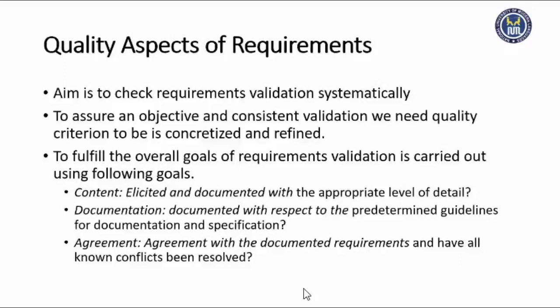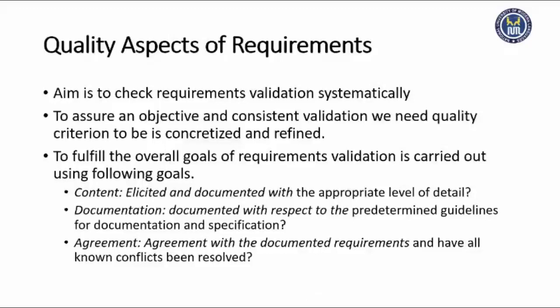Content: whatever we have elicited and documented has to be of an appropriate level of detail. When we talk about documentation, it must be documented with respect to the predetermined guidelines for documents and specifications. Agreement: the documented requirements have to be agreed by all the stakeholders, free of conflicts. Let's move on.